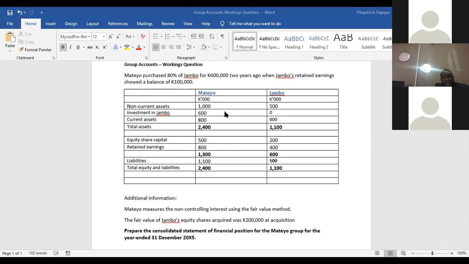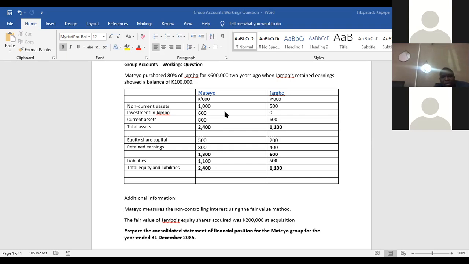Mateo was saying 2 years ago when Jumbo's retained earnings showed the balance of 100,000. So retained earnings at acquisition already is given. We are still at share capital, so it's better we slot in the ones we are very sure of.